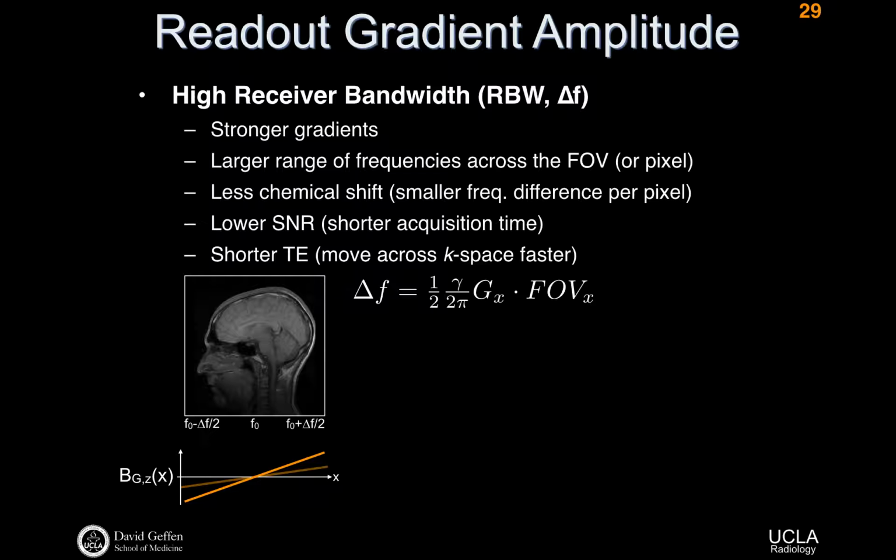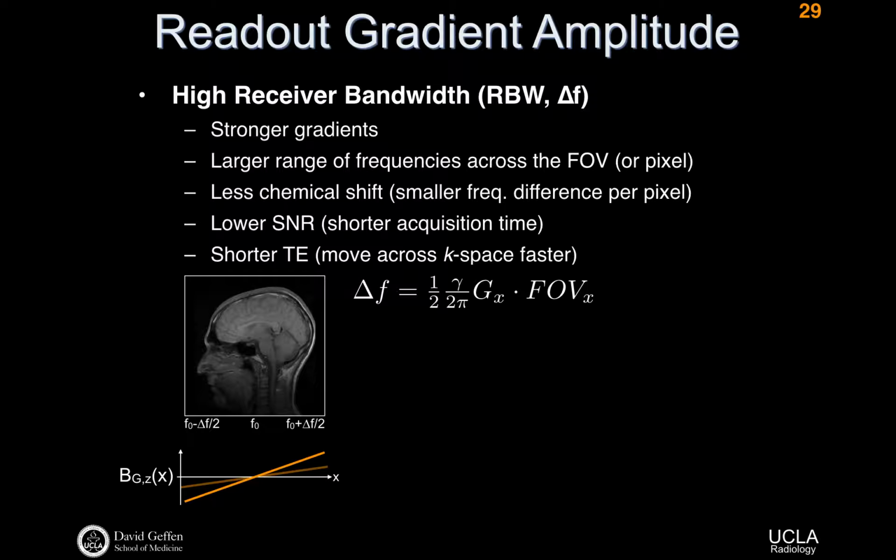We sometimes talk about the pixel bandwidth. And we went through this already, but higher bandwidth will give us less chemical shift, but also lower signal to noise. But one advantage, because of the shorter acquisition time, is that we might end up with shorter echo times, which could help the signal a little bit because we're moving across k-space so fast.